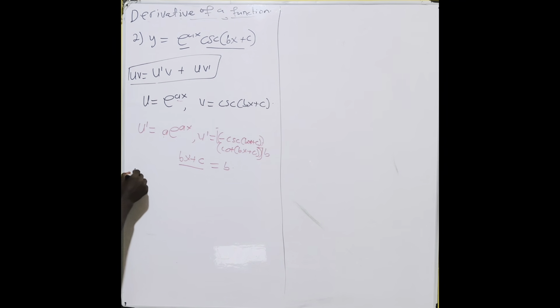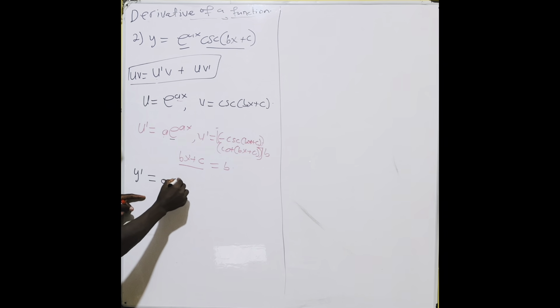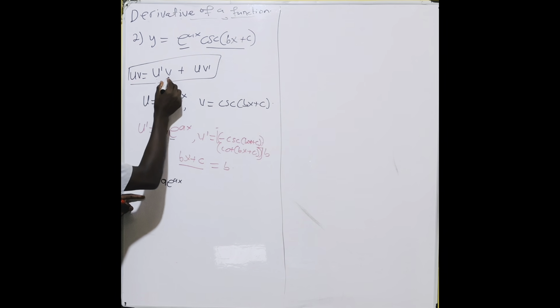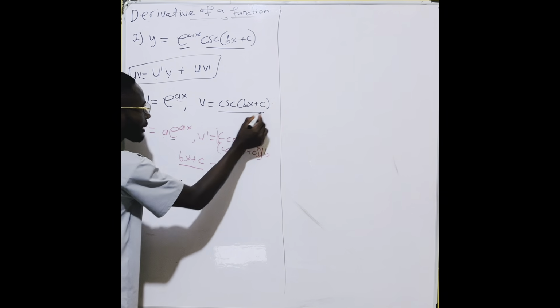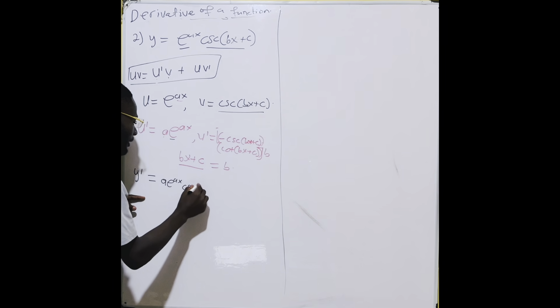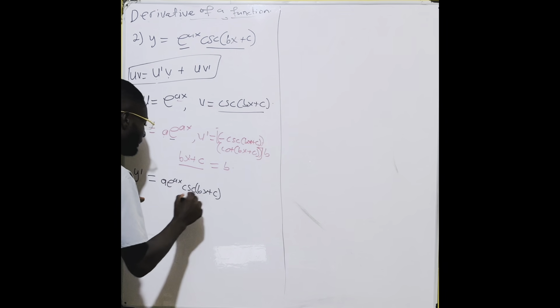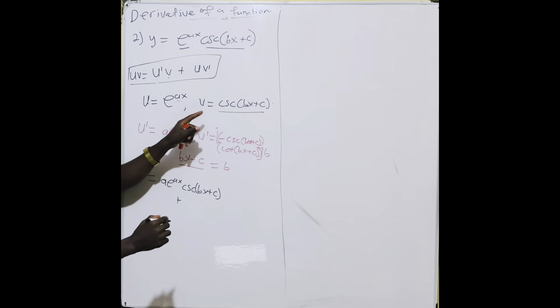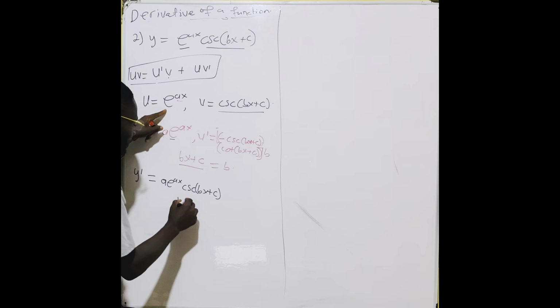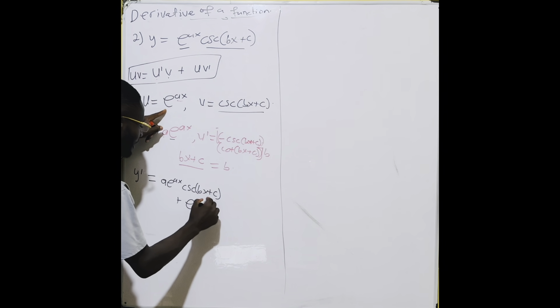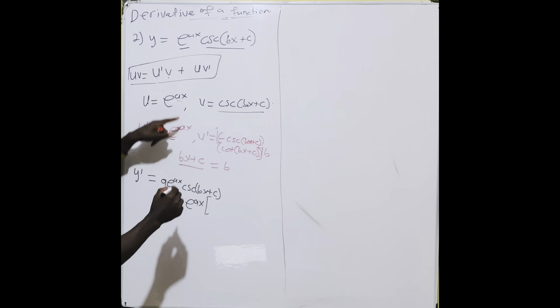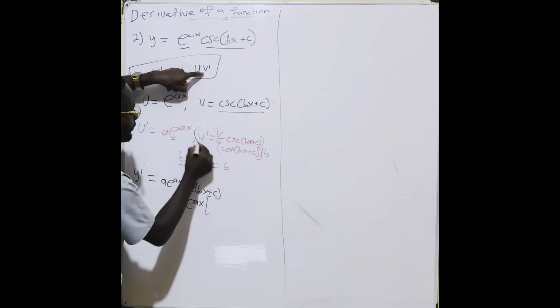Okay, so we're going to have y prime equal to our u prime, which is a e to the power ax, and our v is cosec into bx plus c, plus our u is e to the power ax, and our v prime is this, right?